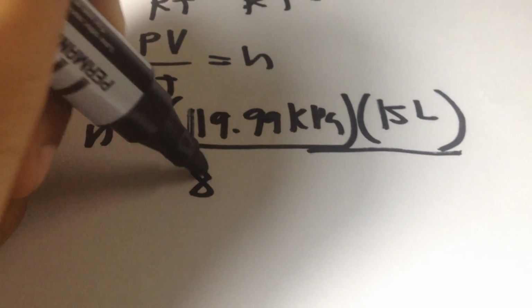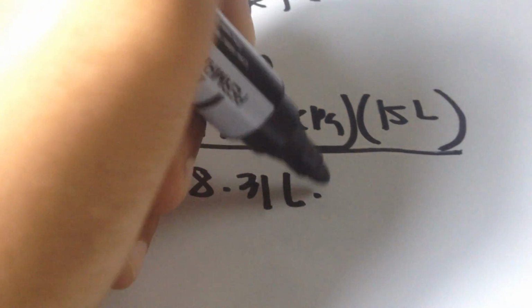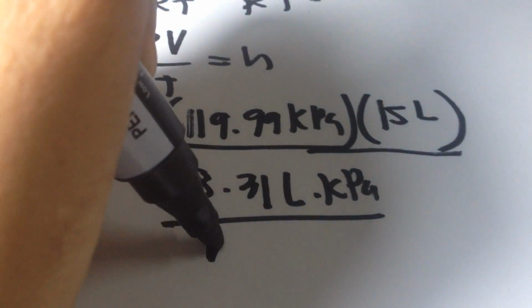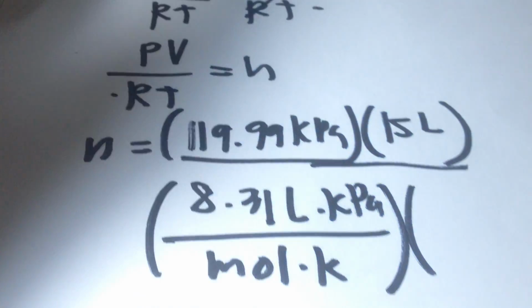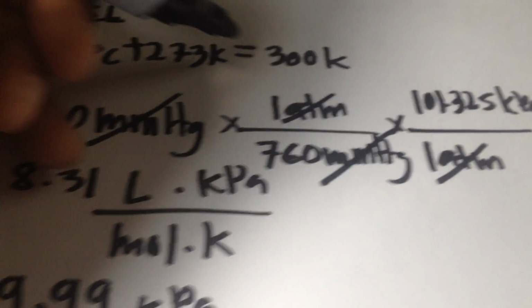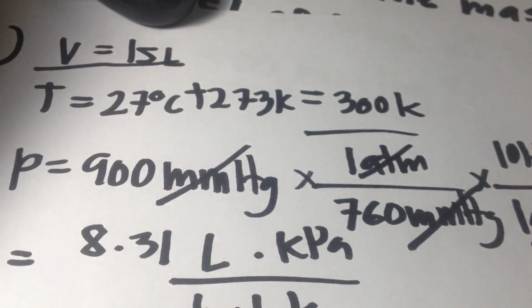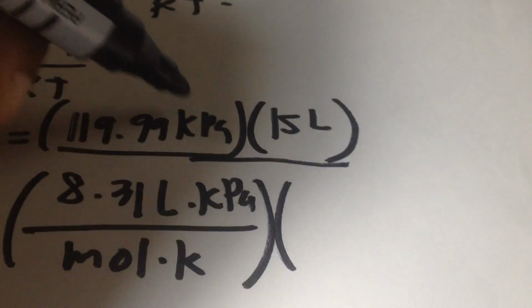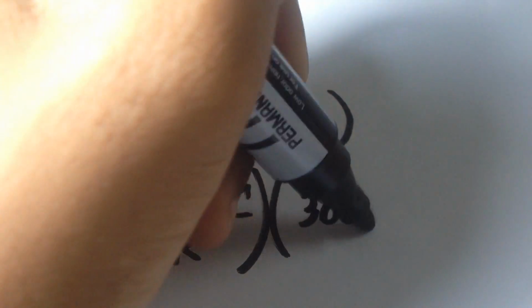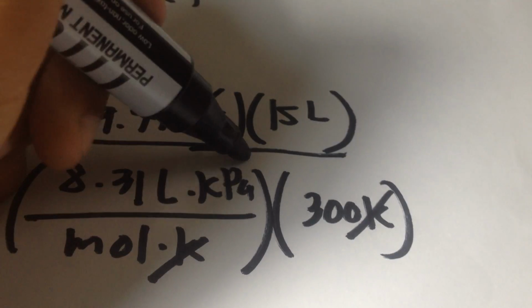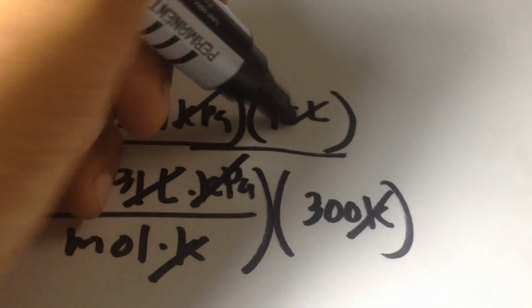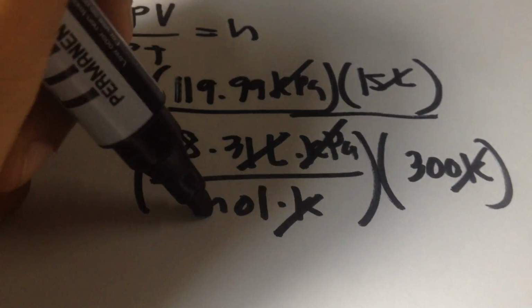Times the temperature, which is 300 Kelvin here. And then cancel out the Kelvin. Kilopascal cancels, and the liters will cancel. So the left is moles.